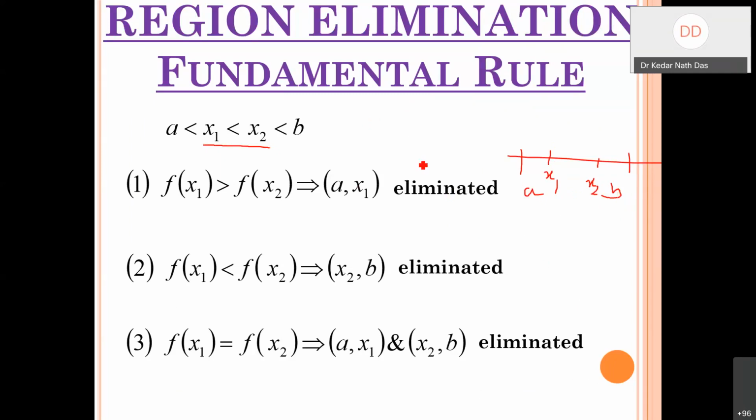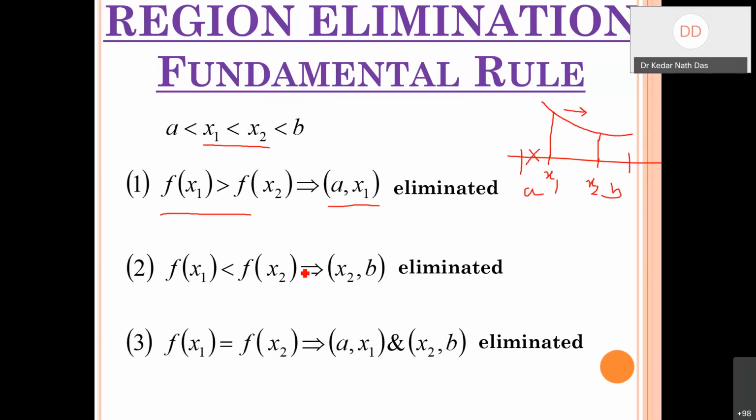Now the condition says that if a < x1 < x2 < b, and the function value of x1 is greater than f of x2, then of course the curve looks like this. Then the optimum solution is supposed to be on the right hand side. So this part is not required anymore. So ultimately the a to x1 part is going to be eliminated. That's why it is called the region elimination method.